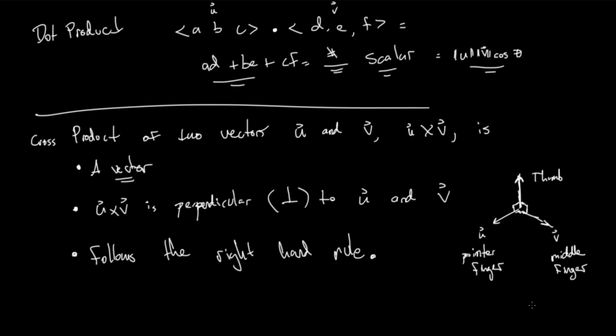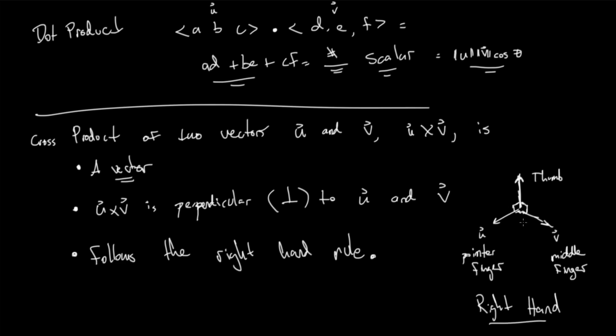But if you do this process with your right and left hands, the vector that your thumb points in is going to be different. One is going to be pointing up here, and one is going to be pointing down. We follow the right-hand rule, so you must do this process with your right hand.